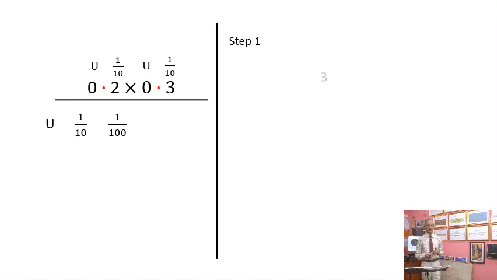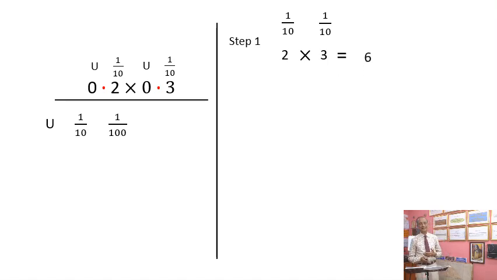So here we go, step number 1. We shall now first multiply 3 and 2. Before we multiply, we must take care of their place values. 3 is in 1/10 place, correct? And this 2 is also in 1/10 place. Now we can go for multiplication. 2 3s are definitely 6.